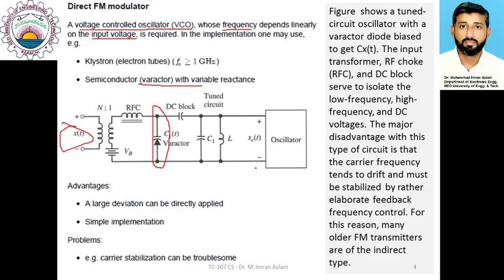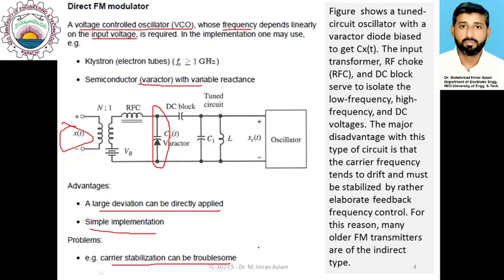The good thing regarding this varactor diode based VCO FM generation is that we can get large frequency deviations directly by using appropriate values of these different components. And secondly, this varactor diode has a very simple implementation. However, it has a certain problem which is related to carrier stabilization.